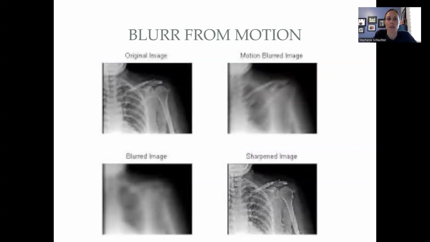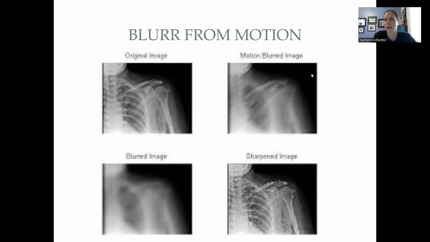Okay, so these are just some examples of blurring from motion. Finding good examples of this on the interwebs, not always the easiest thing. But you can see even that original image, part of it is because it was pixelated, right? And I had to blow it up, but still not super great as far as detail goes. But those two kitty corner ones, the motion blurred and the blurred, right?